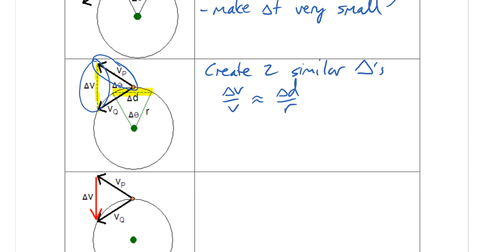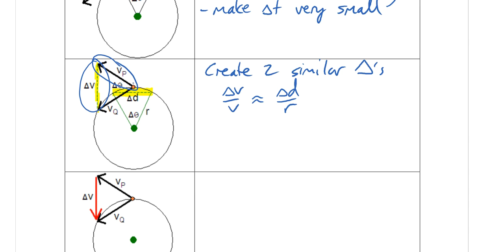I've got my vP and my vQ, and the difference between those two vectors is my change in v. I've got my radius on one side and my radius on the other, and the difference between them is my change in d, or displacement of my object. The ratio between those two triangles needs to be the same because they're similar triangles.